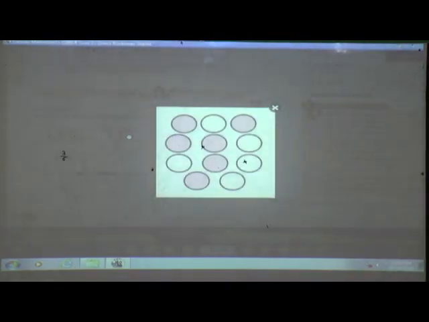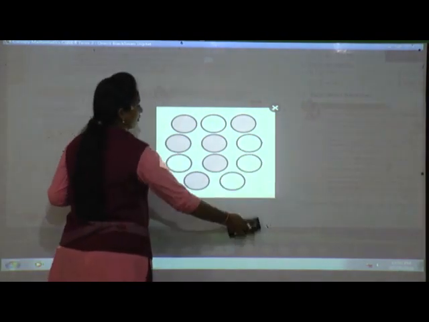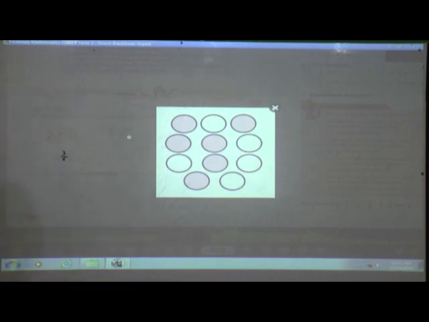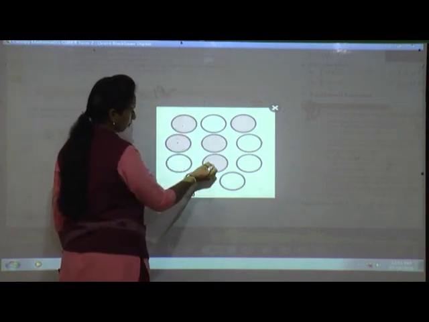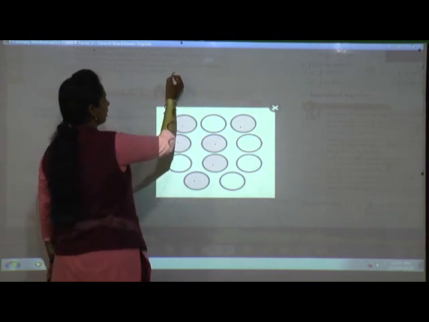Now observe this. They have given the circles. We are solving how many shaded parts are there in the fractions. So how many are there? 1, 2, 3, 4, 5, 6. 6 parts are shaded, isn't it?